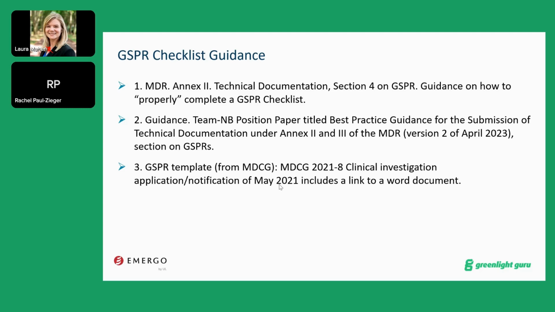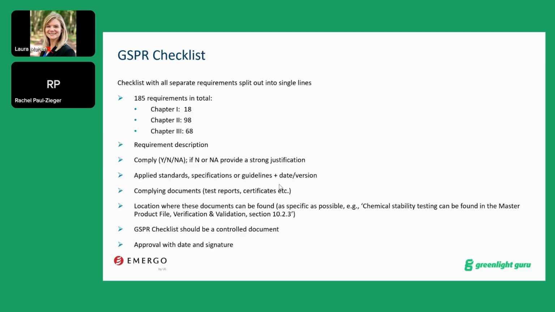And you also have MDCG guidance about clinical investigation application notification, which includes a link to a Word document. In this case, it's really a GSPR checklist template, but it should be mentioned that it relates to clinical investigation devices in the first part. So it provides some guidance, some example of a checklist, so how it should look.